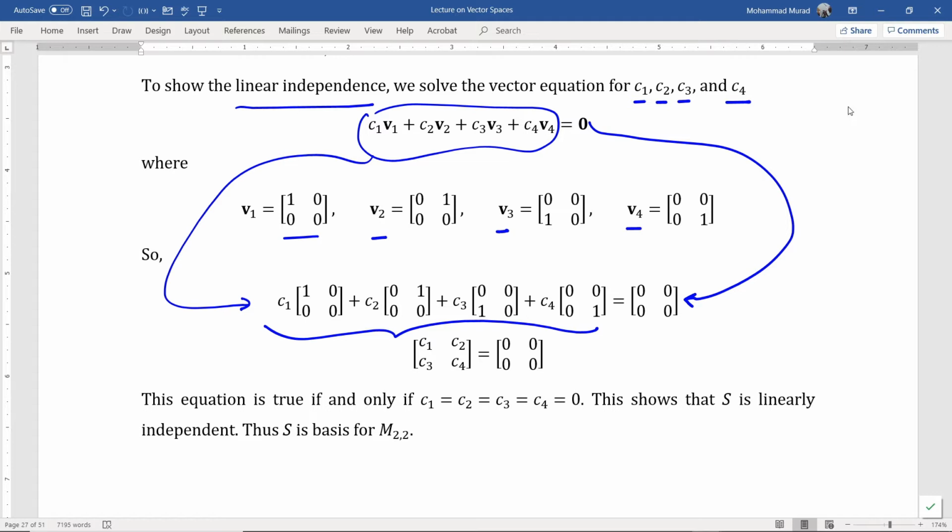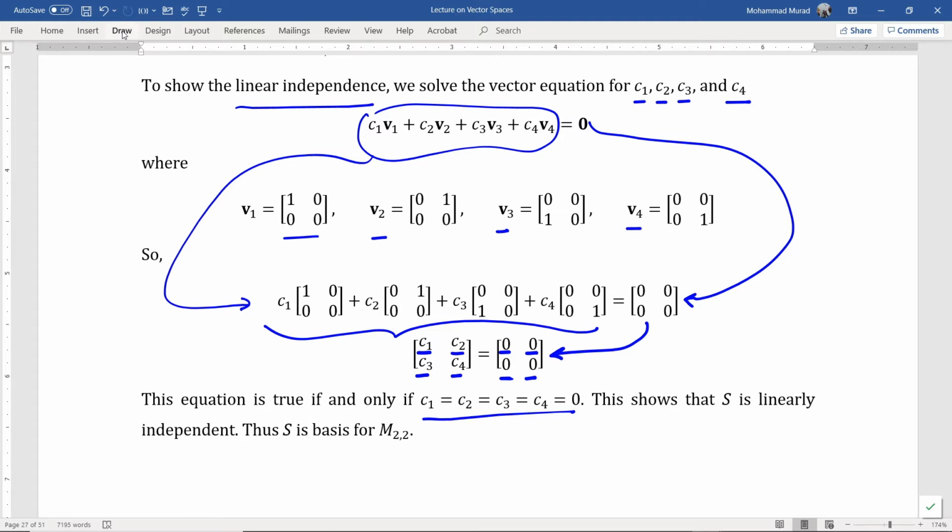The left-hand side of this matrix equation can be put into a single matrix, and the right-hand side stays as it is. Since these two matrices are equal, we must have C sub 1 equal to 0, and C sub 2 also equal to 0, and C sub 3 and C sub 4 are also equal to 0.